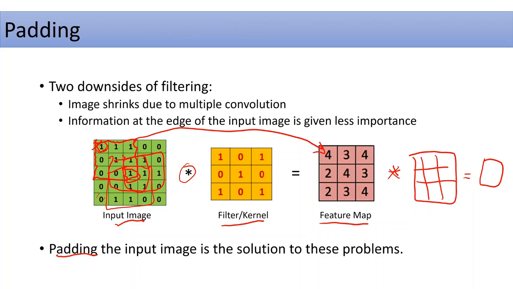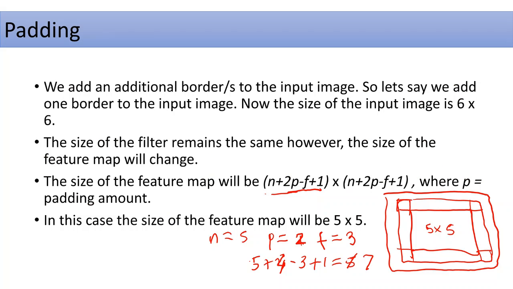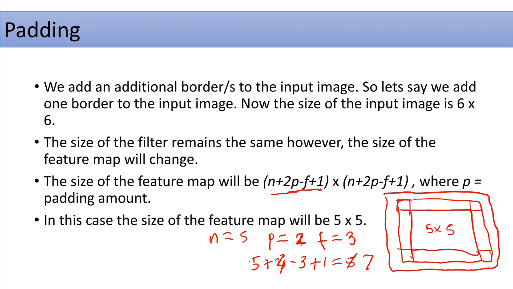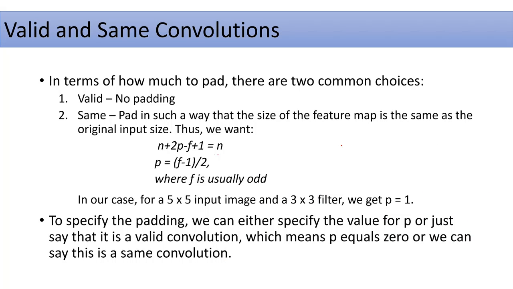You can see here it's a 5 by 5 image, and we get a feature map of 3 by 3. What we do is, we pad the image in such a way that after filtering we get a 5 by 5 feature map. So basically we want n plus 2p minus f plus 1, which is the formula for the size of the feature map, to be equal to the size of the original image, which is n.